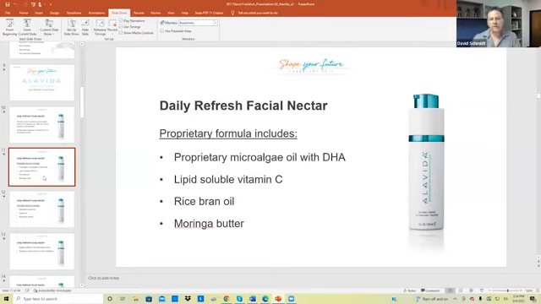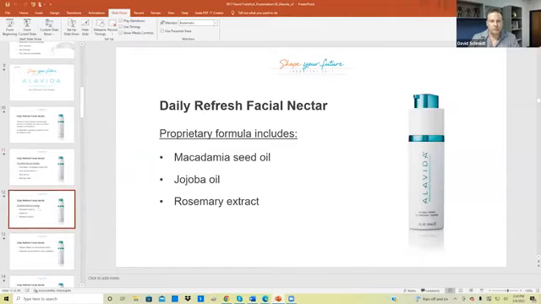And then we used a complex of different oils that would mimic the oils in the skin. That means we use things like rice bran oil, moringa butter, macadamia seed oil, jojoba. The advantage of this is that because it's correctly formulated, the product is not greasy.